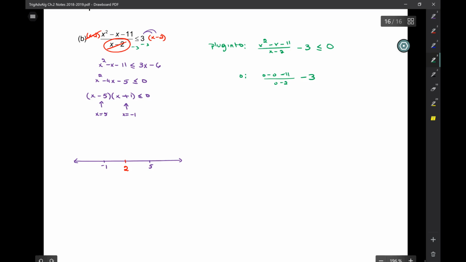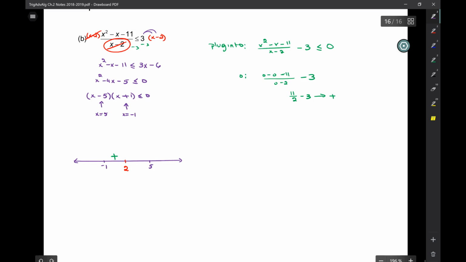Here I get negative 11 over negative 2, so that's 11 over 2 minus 3. 11 over 2 is 5.5 minus 3. That gives me a positive value. So the 0 is here, I get a positive value. Okay, now let's see how we're going to do the other regions.